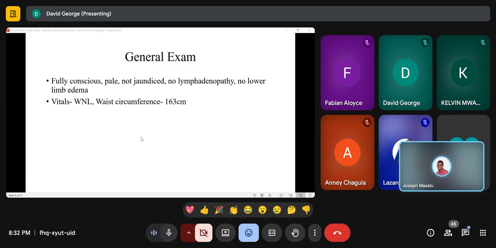So what are the other things that can cause this anemia, and then you have a bone pain? I will think about this waist circumference of 163 that you're saying is probably increased in a female. Might be making a reflex thinking here that the abdominal circumference is big.